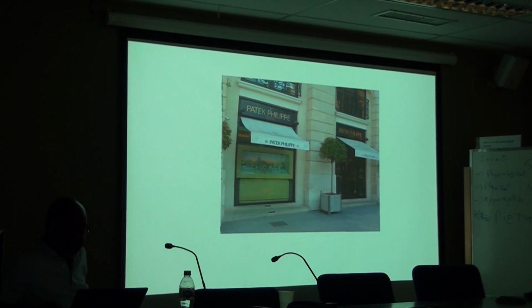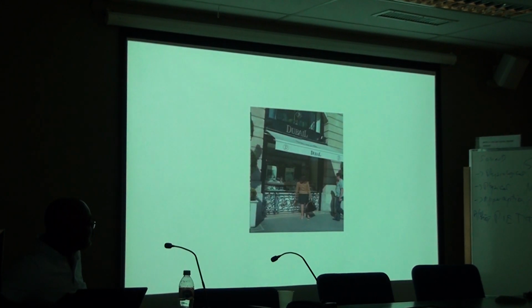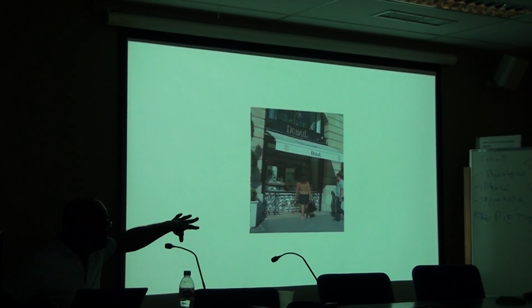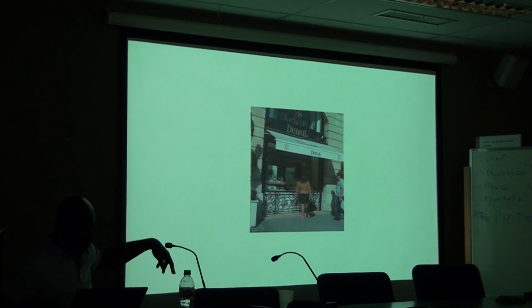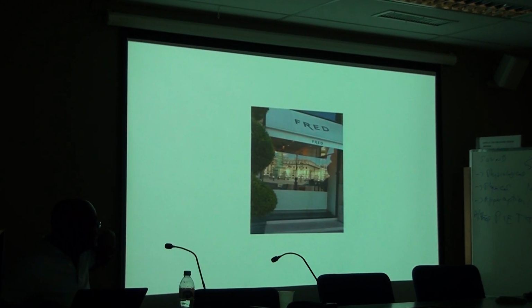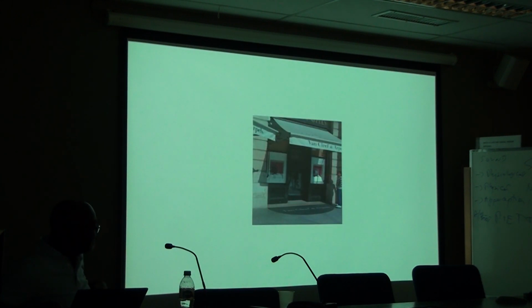You can also describe elements. You have the balconies, things like here, it's like a balcony. We have light. We have many figures that you can recognize.